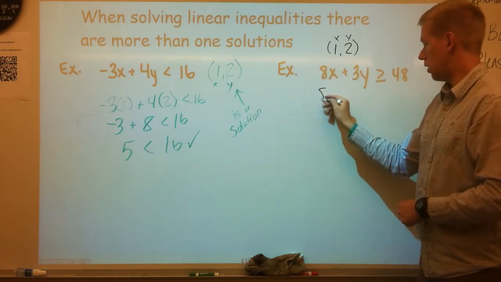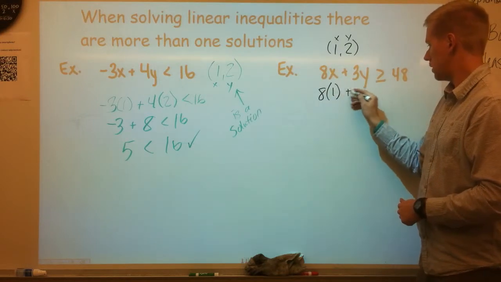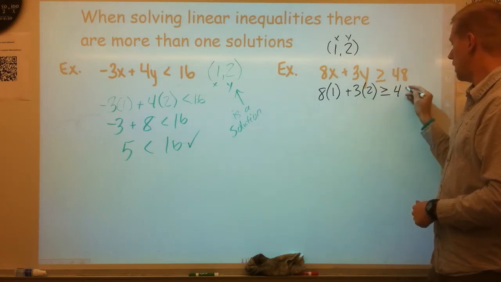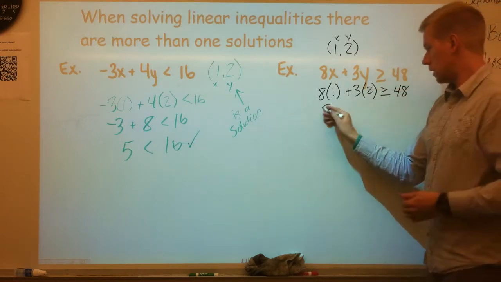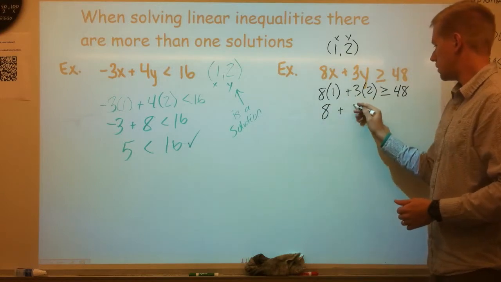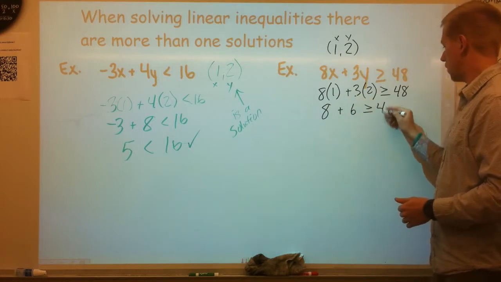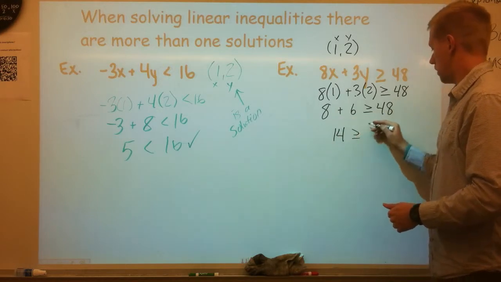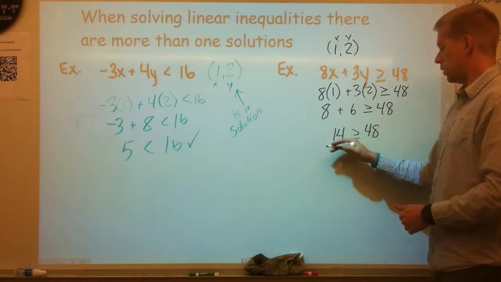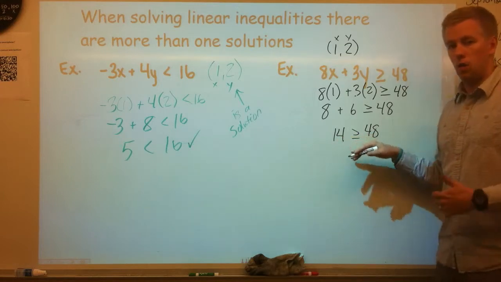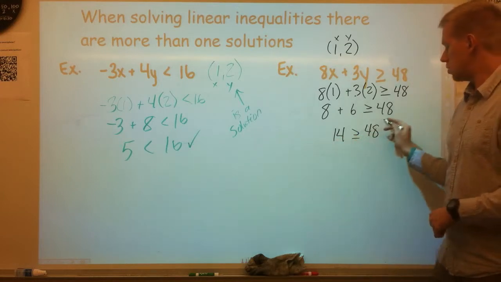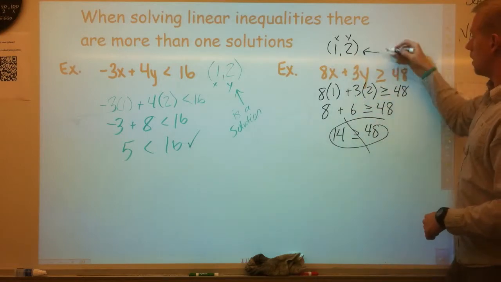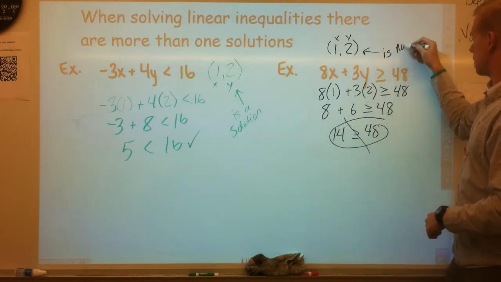So my x value is 1, so I have 8 times 1 plus 3 times 2 greater than or equal to 48. 8 times 1 is 8. 3 times 2 is 6, greater than or equal to 48. 8 plus 6 is 14. And as you can see, 14 is not greater than or equal to 48, so this is not true. So this point right here is not a solution.